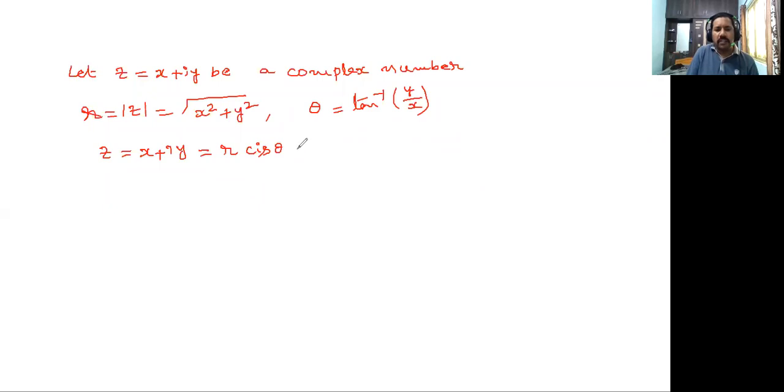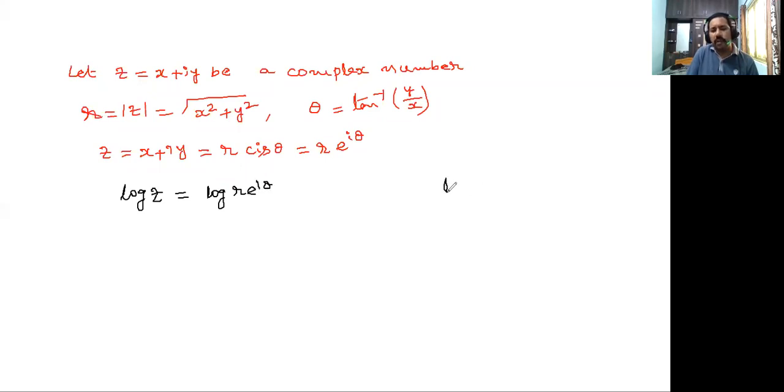Cis theta means we can write another form also, that is e power i theta. Now apply logarithm on both sides. We get log z, that is equal to logarithm of r into e power i theta.